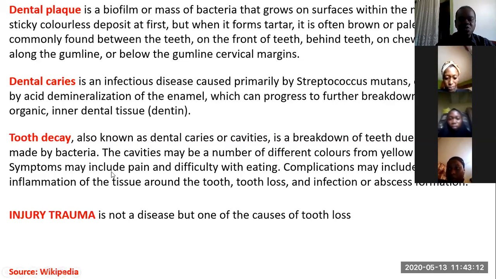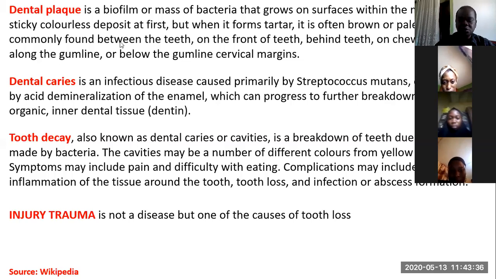And at the same time, you can also lose your teeth by trauma. Some people, during an accident, during a fight, a scuffle, lose their teeth. So apart from dental plaque and dental caries causing one to lose his teeth, injury or trauma can also make an individual lose his teeth.